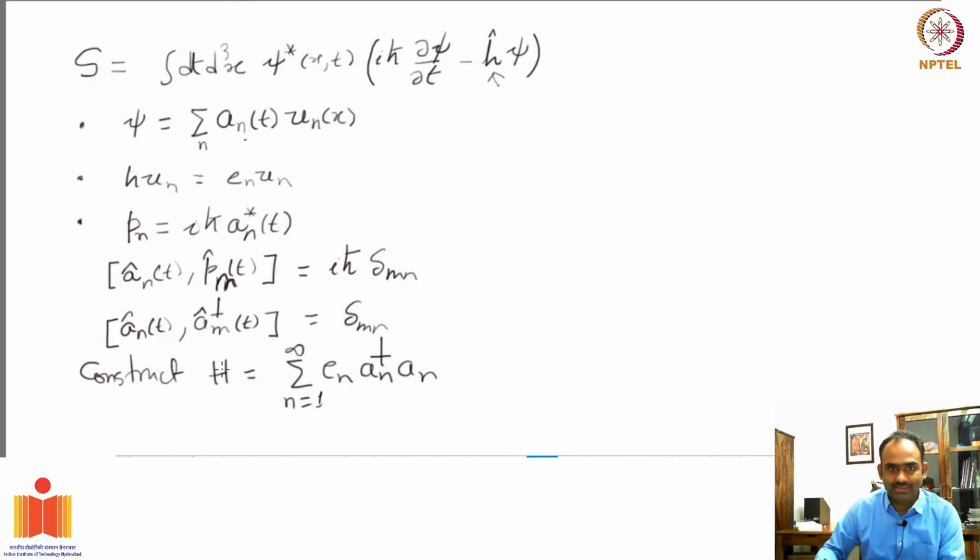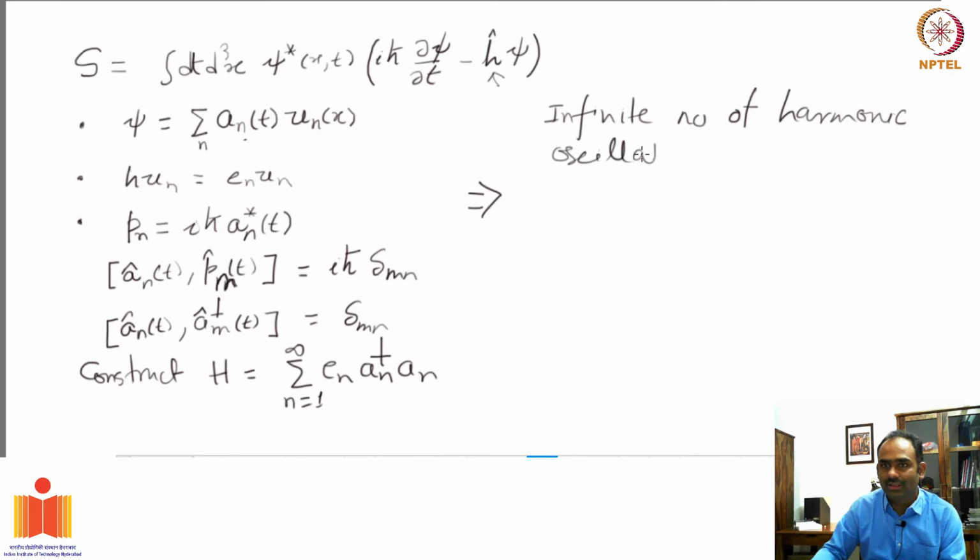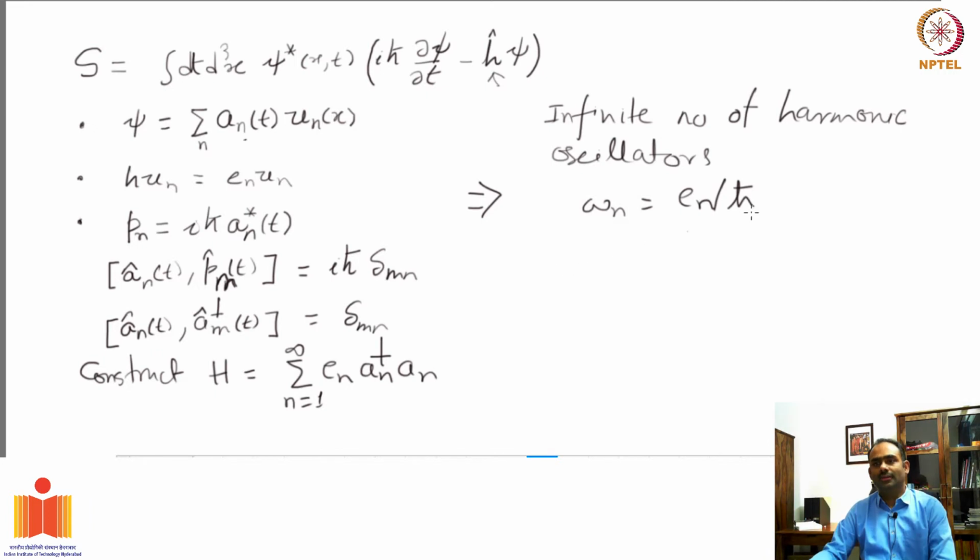Okay, so our system has, so the description of this quantum system is that of an infinite number of harmonic oscillators. Okay, and these oscillators have different frequencies. So the frequencies are omega_n equals E_n over h bar, where h bar is the Planck's constant.